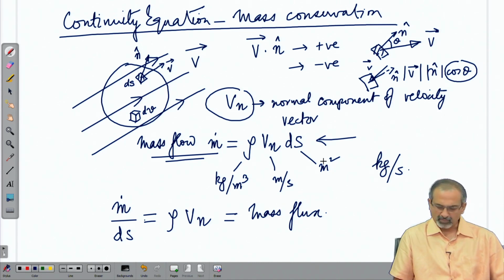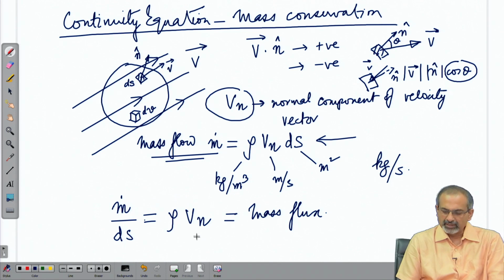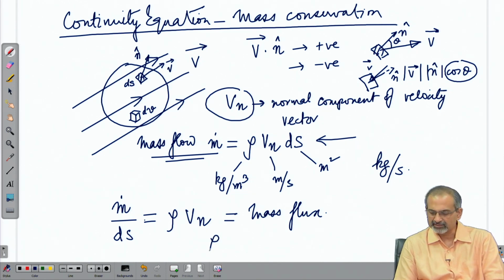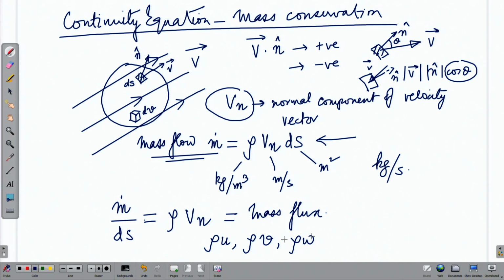When it comes to mass fluxes, if you involve the different velocity components along the Cartesian directions, then you can define mass fluxes rho u, rho v, rho w, which are along the x, y, z directions.